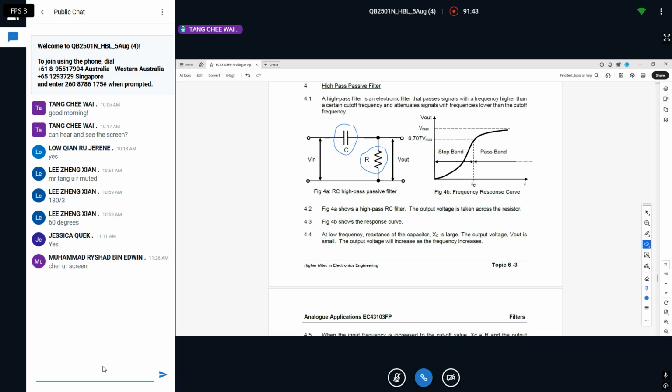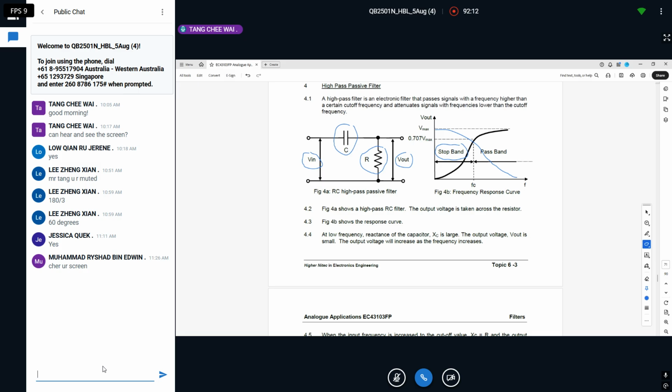This one has no change: the input is here and your output is also here. Now you look at the curve, and you realize it's just the opposite. Just how the curve was something like that, now it is the other way. Now you see where the stop band is: low frequency.